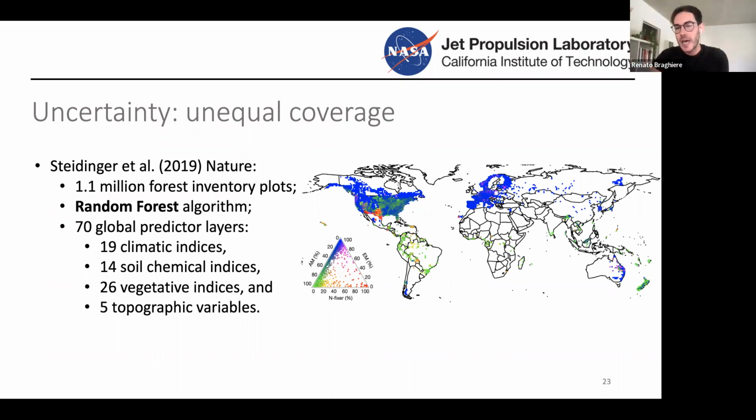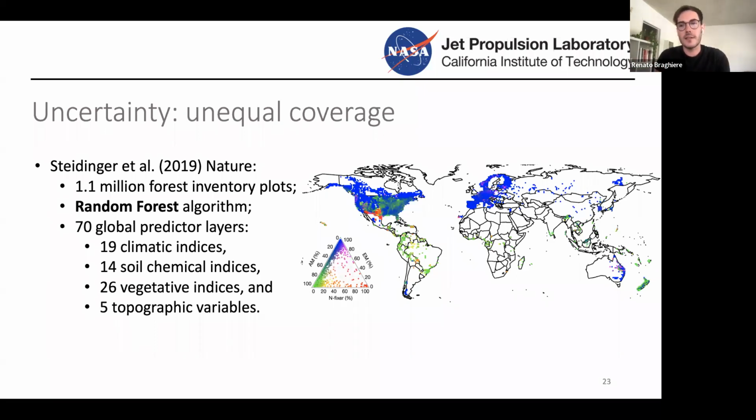But when we look at where those plots are, we see that they are over North America and Europe. So how can we be sure that the random forest will work appropriately over the tropics, which have such limited data?